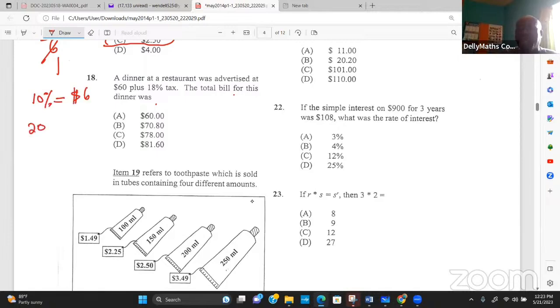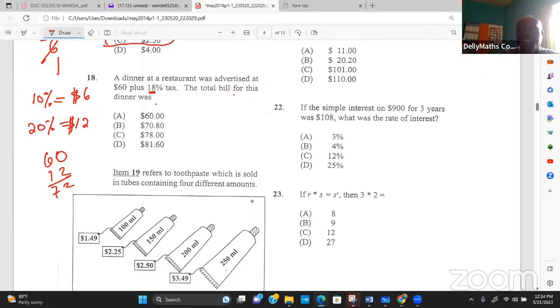And I could tell you 20% is 12, because if 10 is 6, 20 must be 12. So then you could see here that this 18 is close to 20%. I am not saying it is. It's not going to reach 72. It's going to be near to 72.